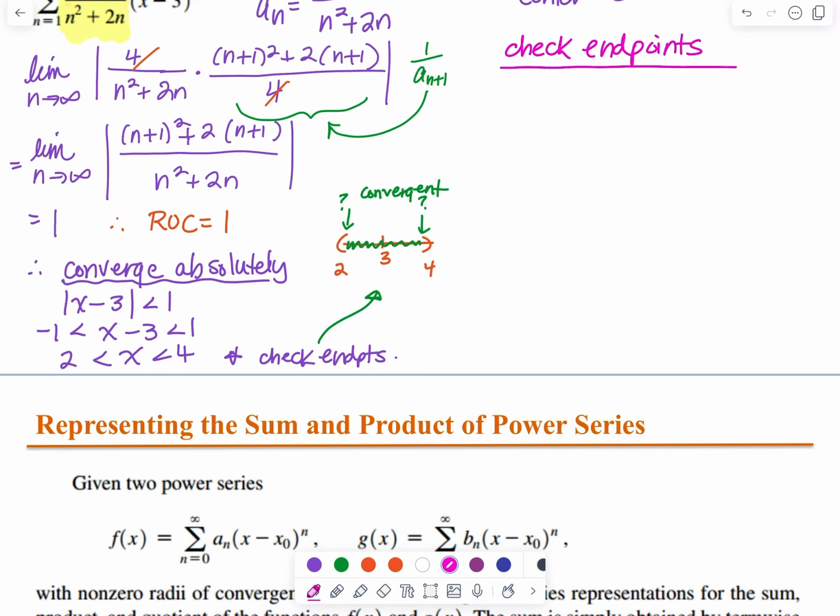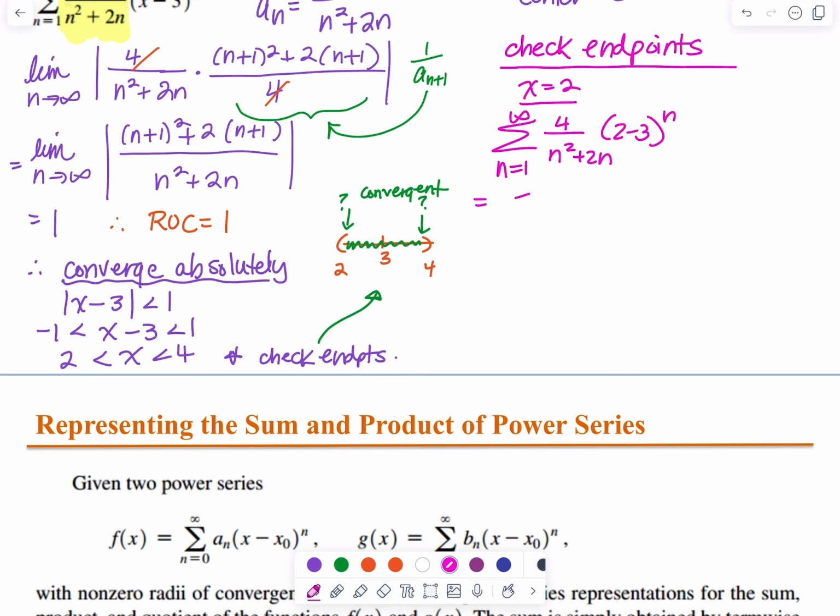Let's go ahead and check x equal to 2, plugging that in. We'll have the sum from n equal 1 to infinity of 4 divided by n squared plus 2n times 2 minus 3 to the n power.